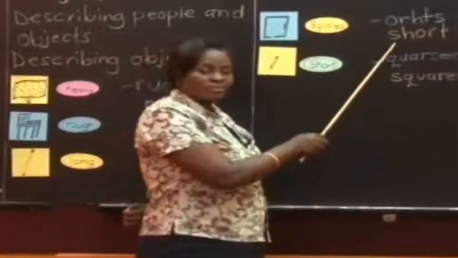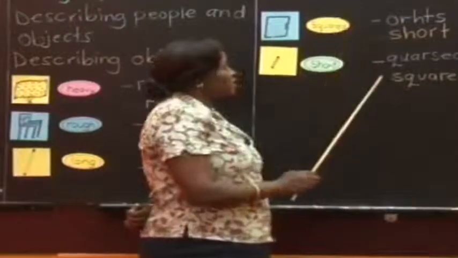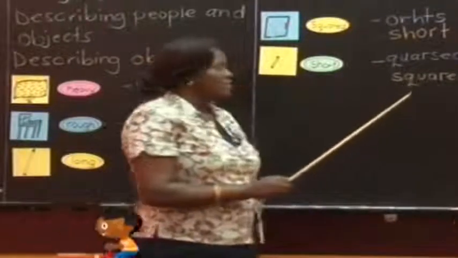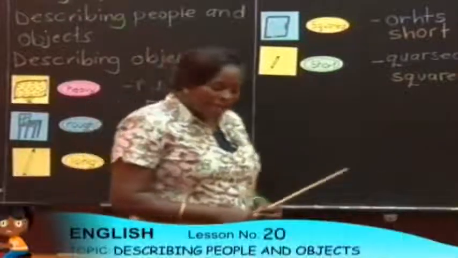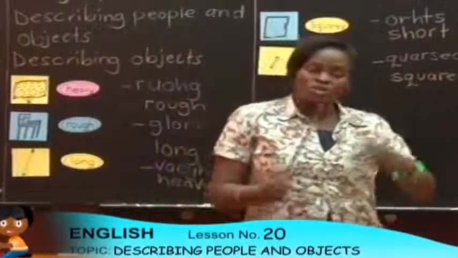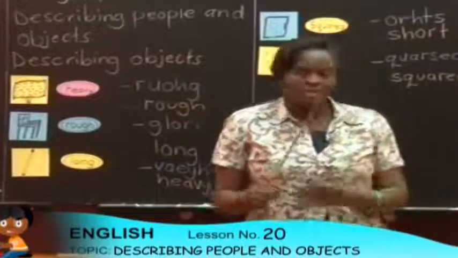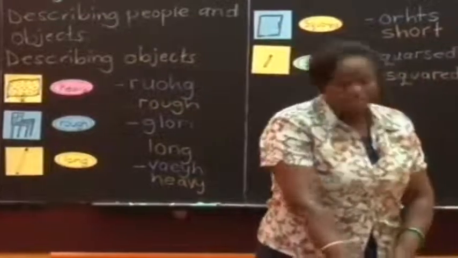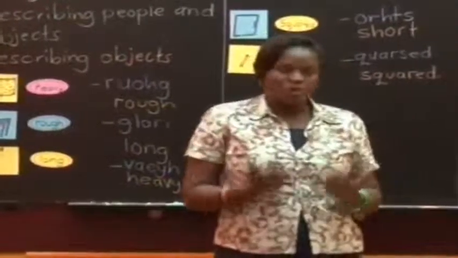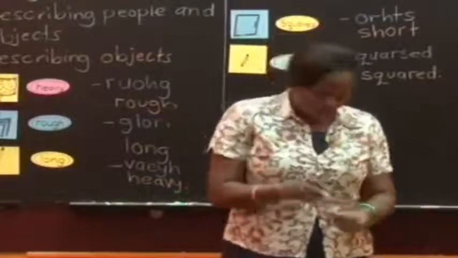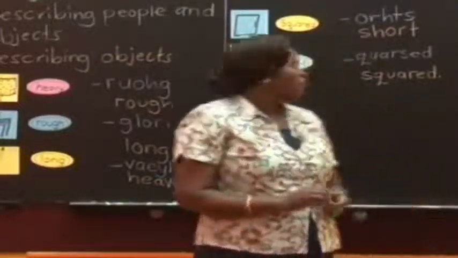Short. Short. And our last word is squared. That's how we can learn how to spell the words in English. What you do, you jumble the letters, you mix them up, but with time, if you know how to read the word, you will be able to spell them correctly, even if they are all mixed up. So those are the words we have tried to spell.